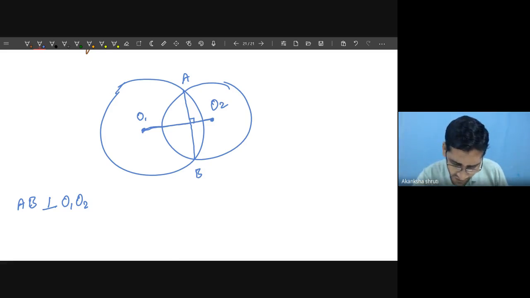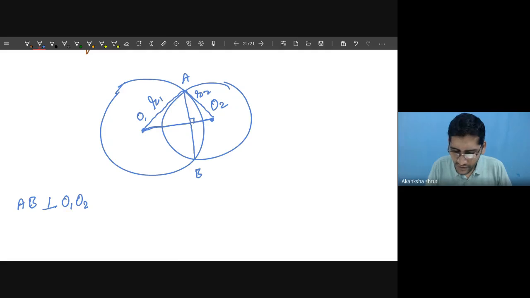Here, O1 to A, what is this? This is the radius 1, and A to O2, what is this? It is our radius 2. Getting, student? So it is this way you have to apply.